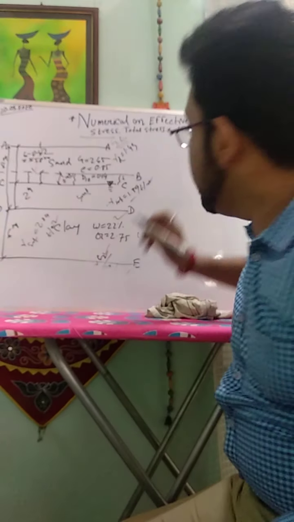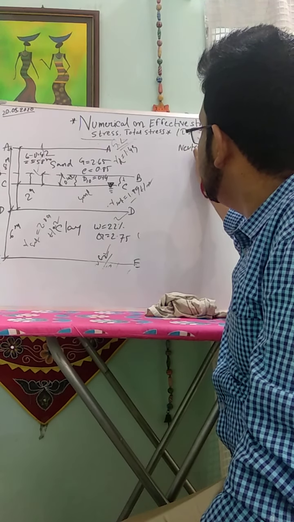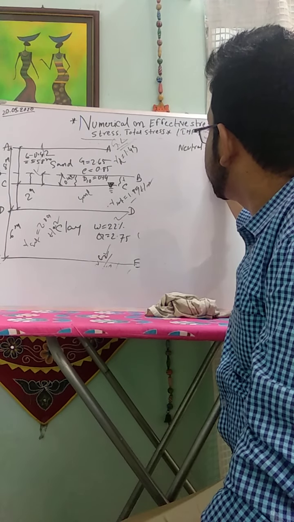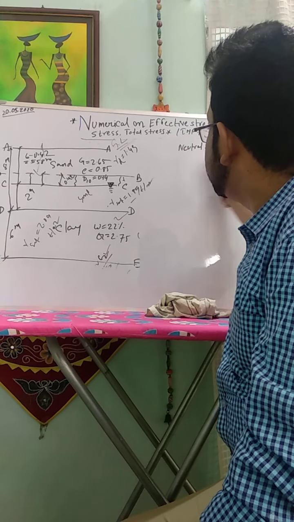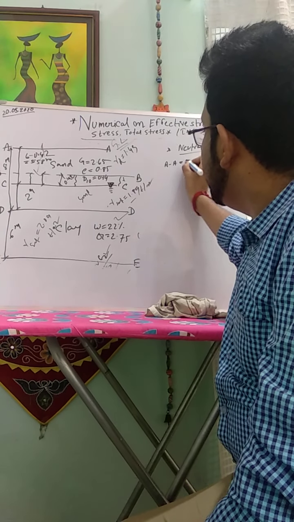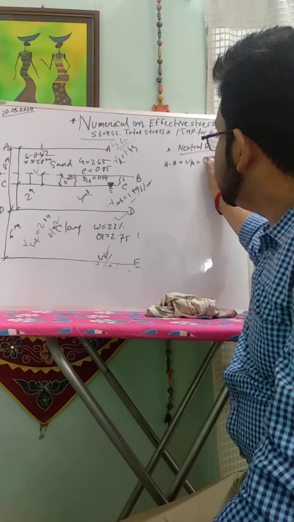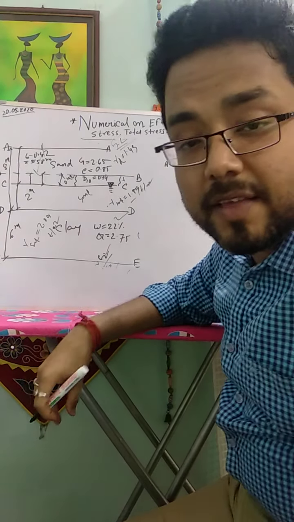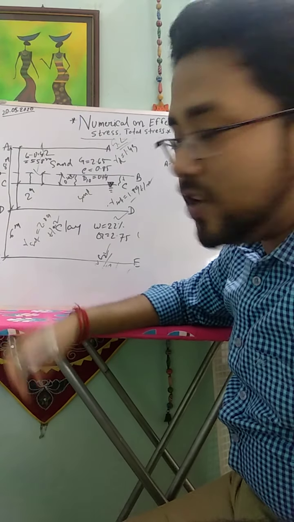Now we calculate the second part, that is neutral stress. At AA, there is no water effect, so it is 0, because neutral stress means the stress due to water. UA equals 0.